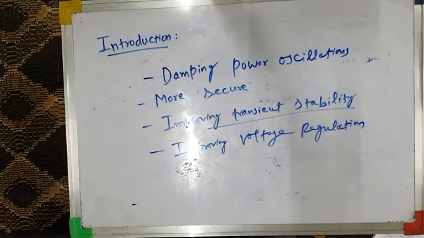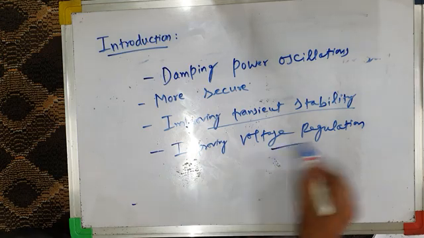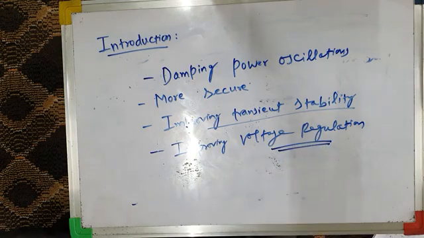We can also damp the power oscillations very quickly with the help of FACTS devices, hence we make the system more secure. With the help of FACTS devices or FACTS controllers, the transient stability of the system is also improved, and finally the voltage regulation can also be improved by providing the voltage support.